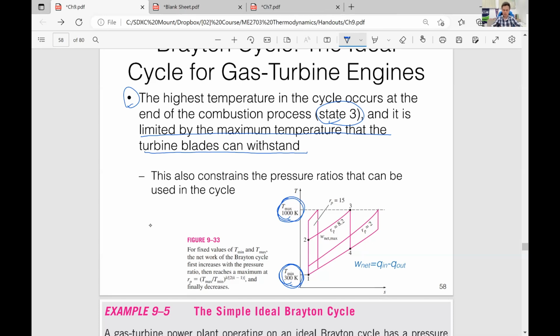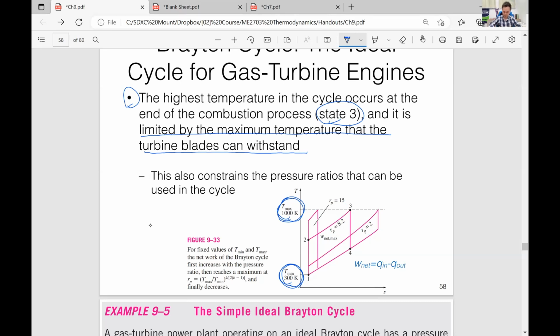And these three process curves represent different pressure ratios. Like this pressure ratio is 2, this pressure ratio is 8.2, this pressure ratio is 15. So the area enclosed by these three different pressure ratios will be different.